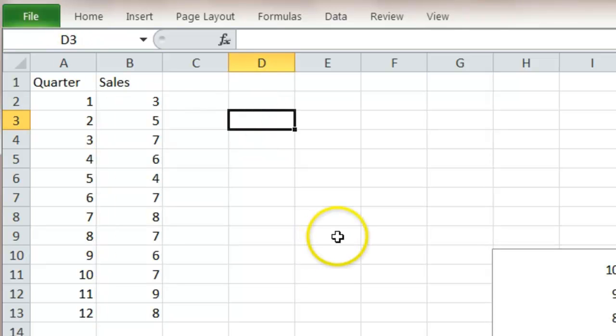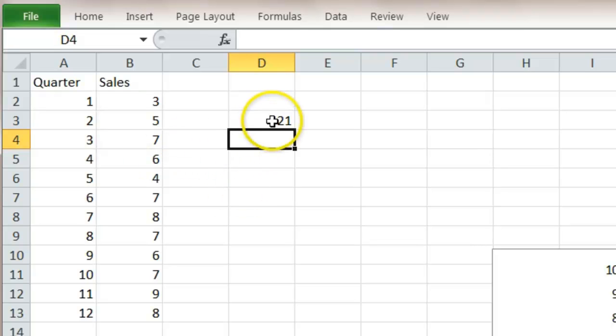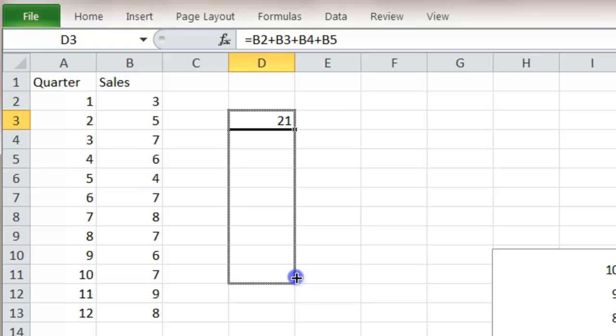I'm going to record here the sum of the first 4 quarters, so this will be equals the first quarter plus the second plus the third plus the fourth. That gives me 21. And I'm now going to click and drag this to get the successive sum of 4 quarters.